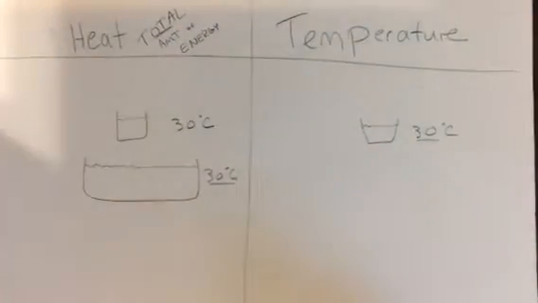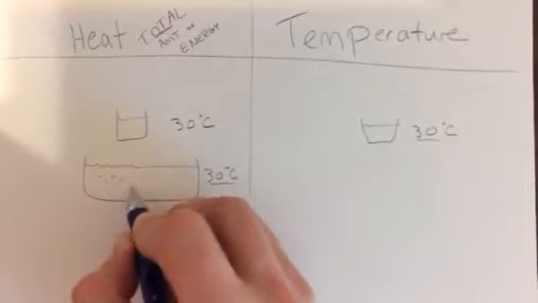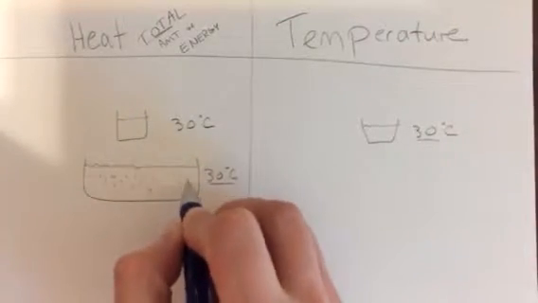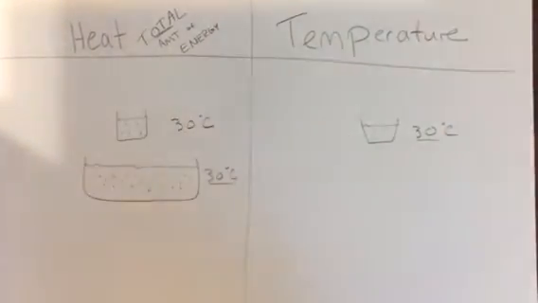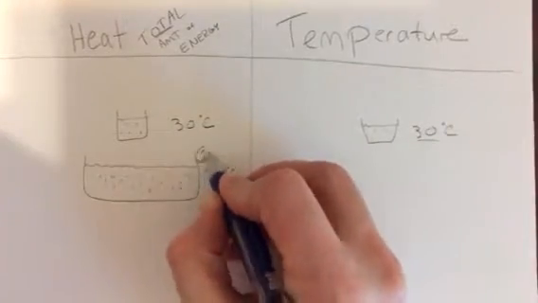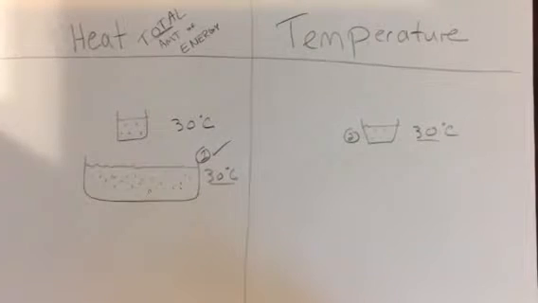So the total amount of energy is definitely going to be more in the bathtub because there's far more particles in the bathtub than there are in the coffee cup. So here, between 1 and 2, 1 wins for having more heat.